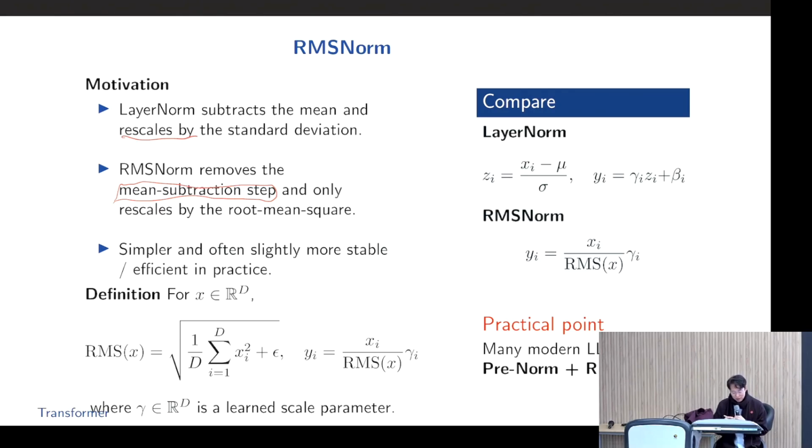So what's RMS norm? You take the root mean square plus some small number epsilon, and you divide x by it, and that's it. In modern LLMs, it's more common to use pre-norm plus RMS norm as opposed to layer norm. If you ask why, I don't know. It works better, to be honest.